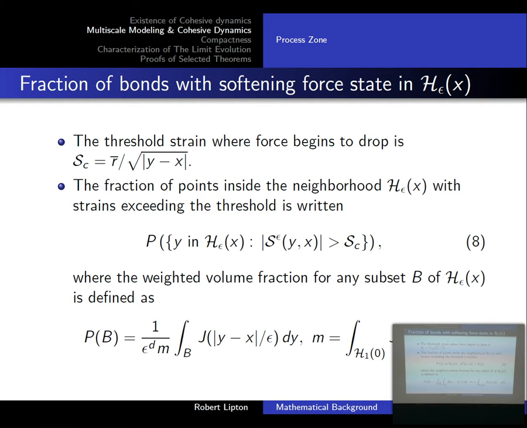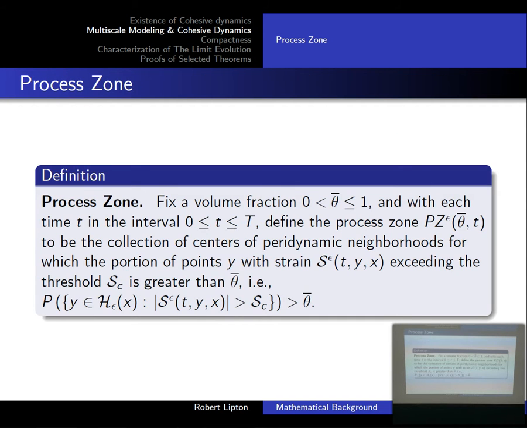Now we're interested in this set. We'd like to do some diagnostics, and the other thing is we'd like to have an airtight definition for epsilon, a real material property notion of epsilon. And so I'm going to get that. So we define the process zone, that is the place where things are softening, and it's up to us to say what that process zone can be; in fact we have some leeway.